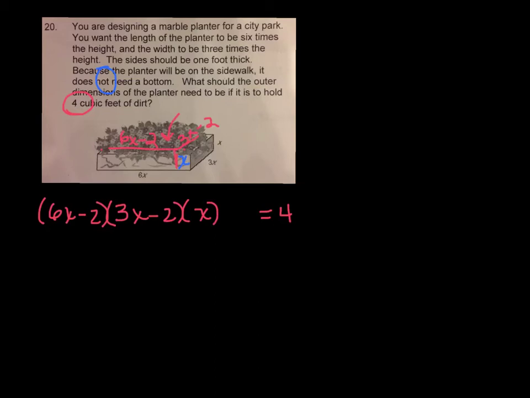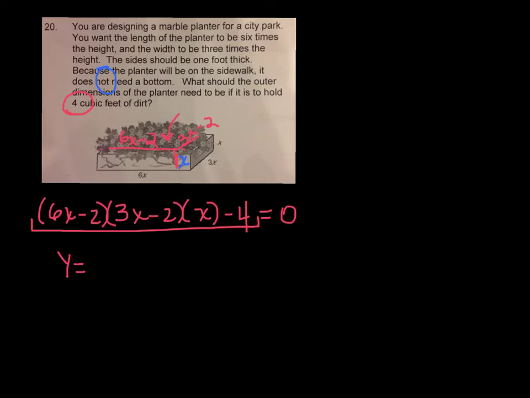We have a calculator, so we're going to utilize the calculator. So I am going to set this equal to 0 by subtracting 4 over here. And I'm going to put this whole thing in y equals.